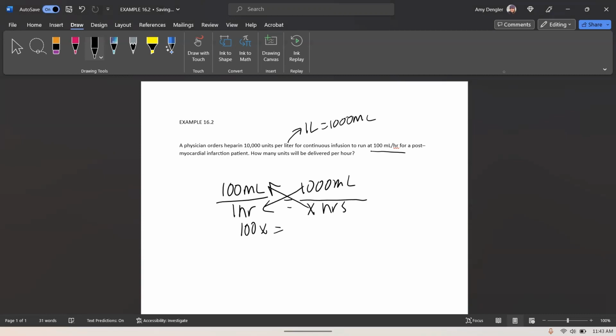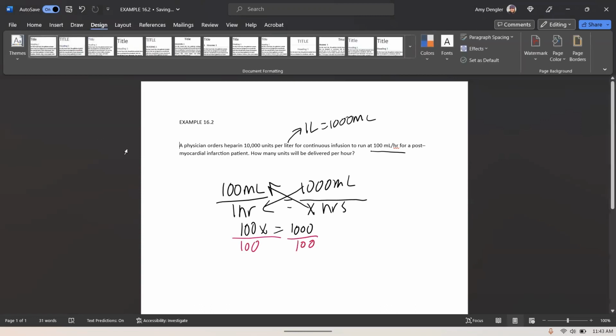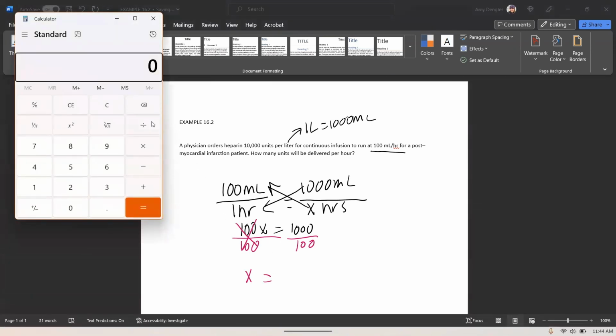So 100x is equal to 1,000 times 1. We know that's 1,000, so I'm just going to skip that step. We want to get x alone, so I need to divide both sides by 100. So if I divide this side, that crosses off and I just have x. And then I just need to do 1,000 divided by 100.